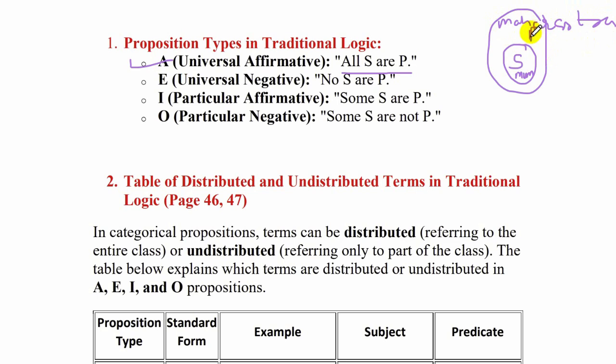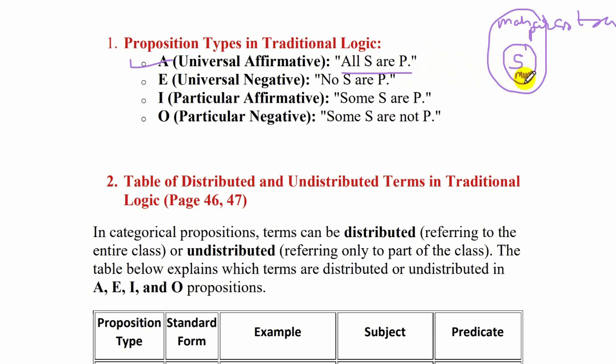So all of S, and Maharashtra you can say is P. P means predicate. The statement was everybody who stays in Mumbai stays in Maharashtra, because Mumbai comes under Maharashtra. So it says all S are P.